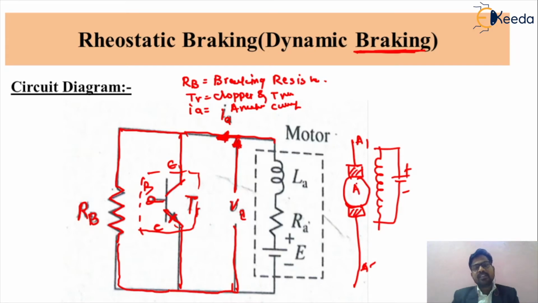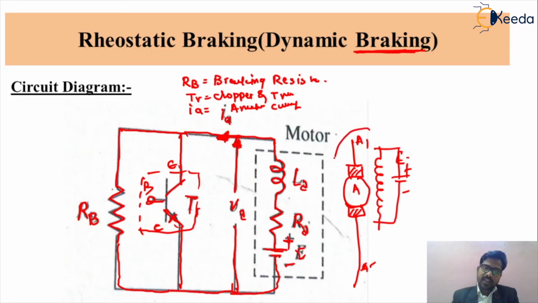Now we are replacing this armature circuit by means of its equivalent elements. These equivalent elements are the inductance LA and the resistance RA. This is called the separately excited motor, because of the separate excitation.